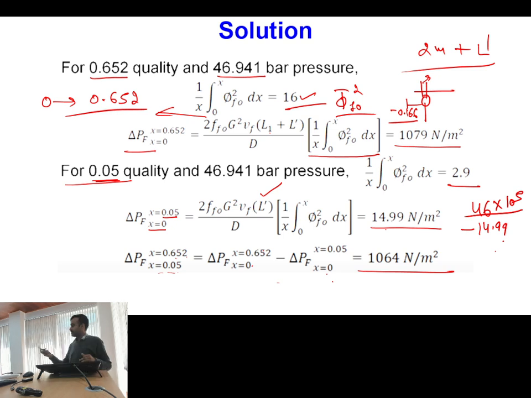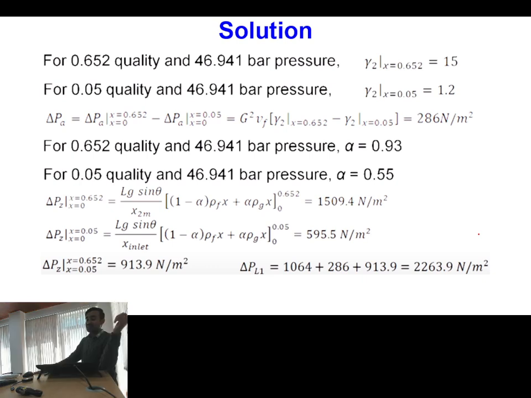Is this point clear? But if in some cases this difference is significant, then every time you need to first do this subtraction and keep doing this iteratively until your consecutive two steps do not differ. But here, considering that the length is small and the pressure difference is very small, we can assume that.